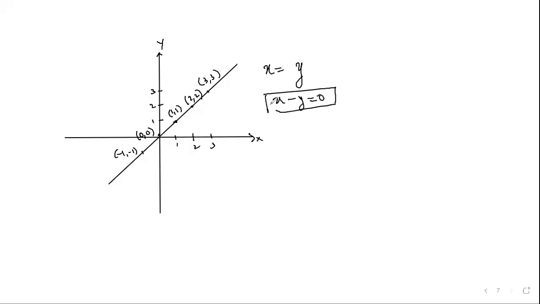Everything is perfect. Shivan also gave that answer. Very good. X minus y equal to 0 or x equal to y. Okay. One more. I hope you have finished writing. Yes, sir.